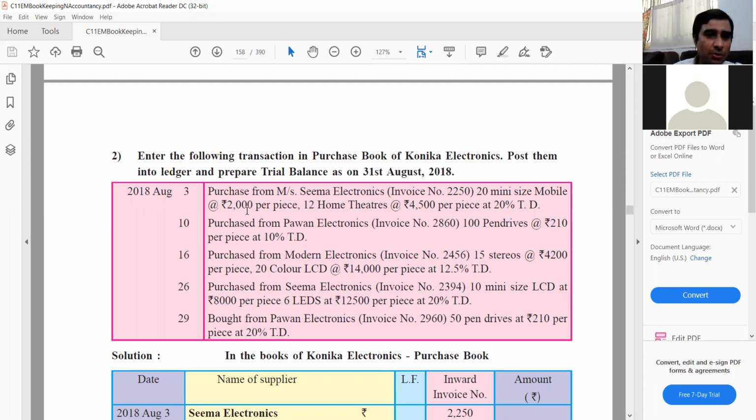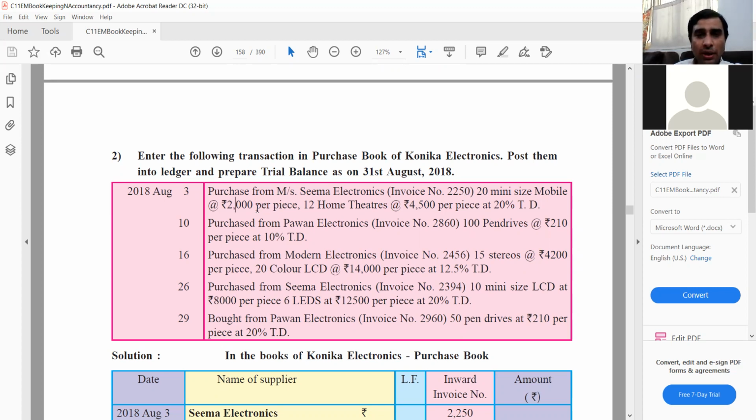So how many pieces did you purchase? 20 pieces of 2,000 each, so that is 40,000 rupees. And 12 pieces at 4,500 each is 54,000. So 54,000 plus 40,000 is 94,000. That is the full price.